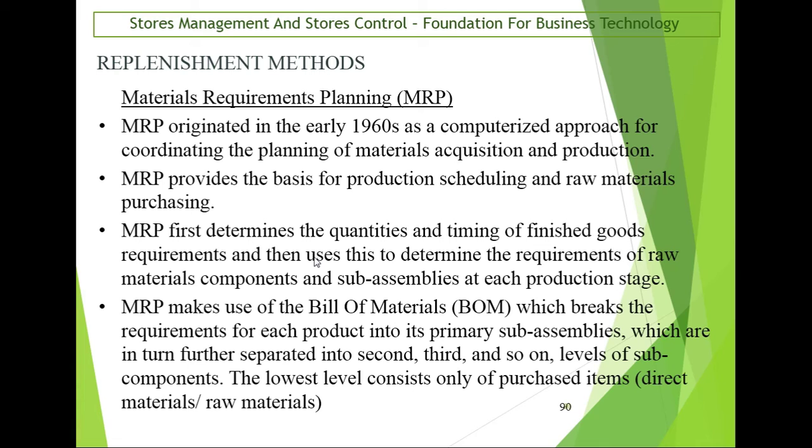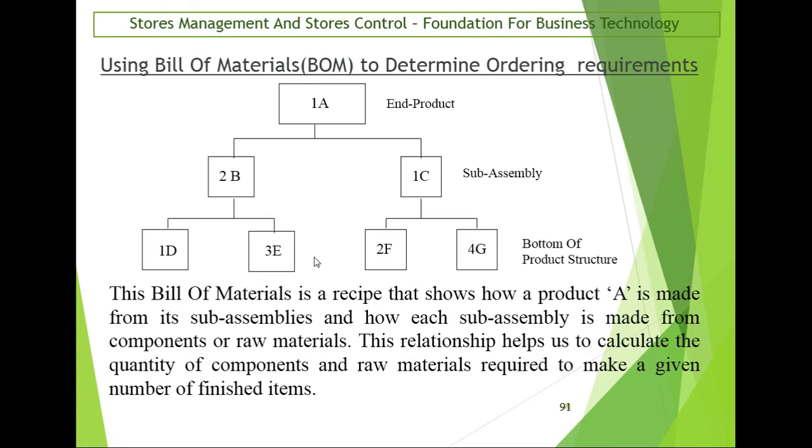So earlier on, we used the bill of quantities for determining the cost of materials in manufacturing, but this time we will be using the bill of quantities to determine the actual quantity of materials that are required. So MRP makes use of that bill of quantities.